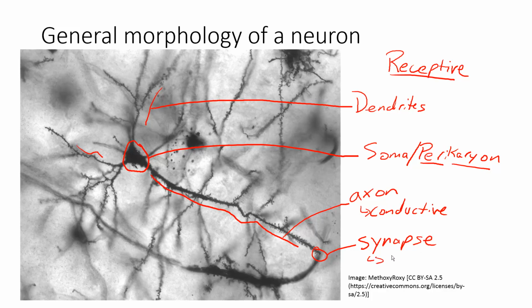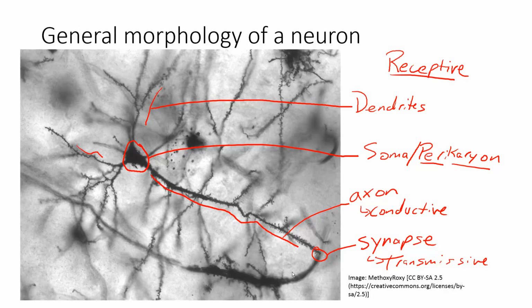So the synapse is the actual transmissive portion. This is the part that transmits, pardon the handwriting. So it's the synapse that's actually going to transmit the signal from this neuron to the next cell down. And that next cell down the line may be another neuron. It may be a muscle cell. It may be a secretory cell. But the synapse is how the message gets from this neuron to the next cell down.